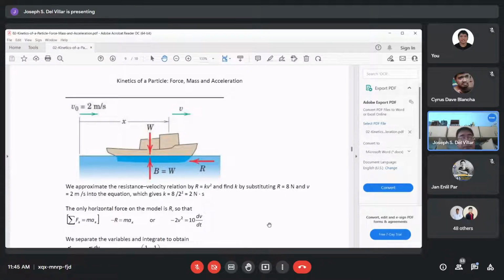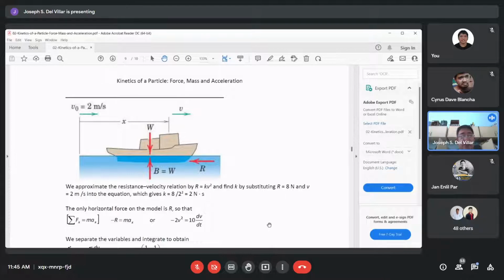So we can now start with the horizontal force. There is nothing else but R, but since it is opposite to the motion, it is negative R equals m times a_x.